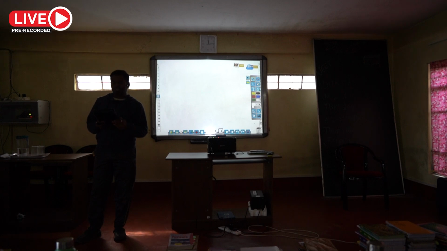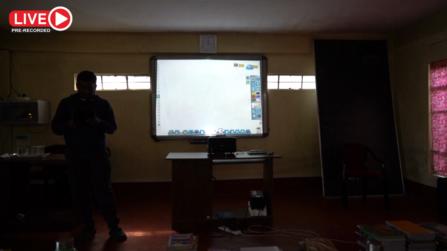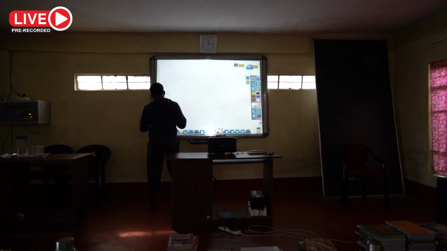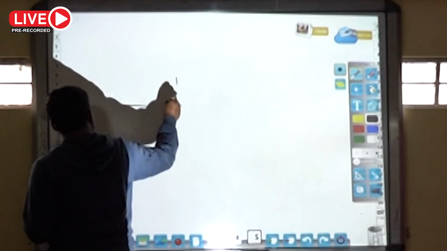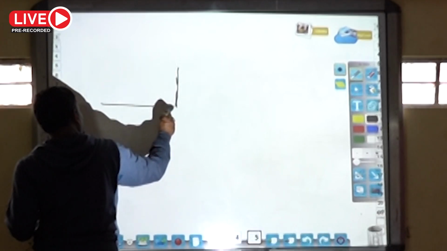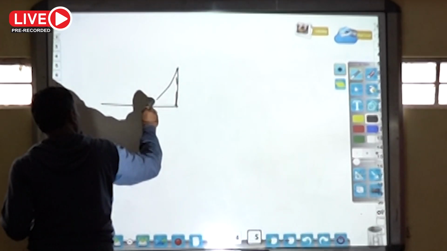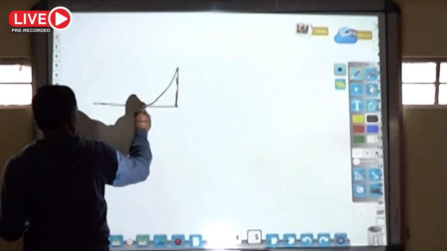Find the work done by the spring force when the block completely compresses the spring. Okay, diagram is given. It's a smooth path, curve.